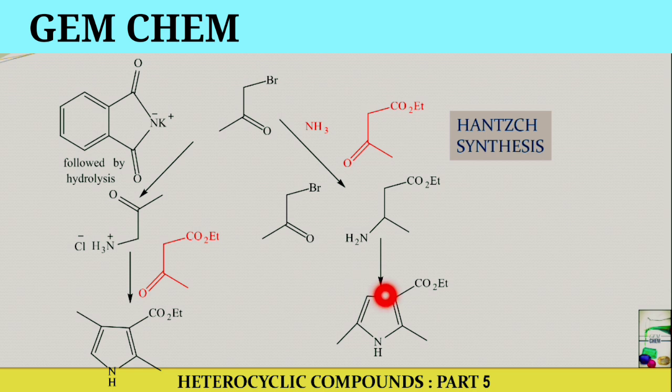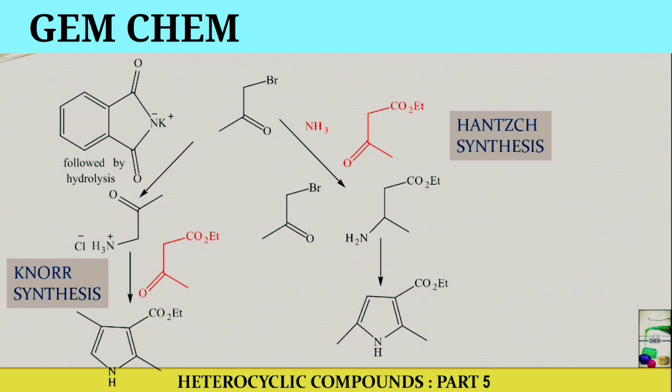This is ethyl 2,5-dimethyl-1H-pyrrole-3-carboxylate, whereas this is ethyl 2,4-dimethyl-1H-pyrrole-3-carboxylate. So we can see that isomeric products are obtained. This was an important point for Hantzsch synthesis.